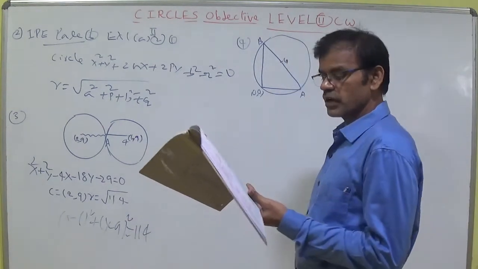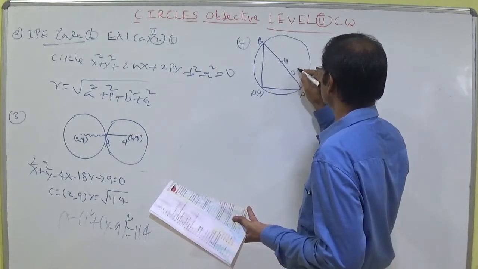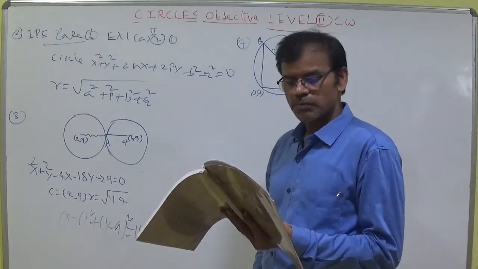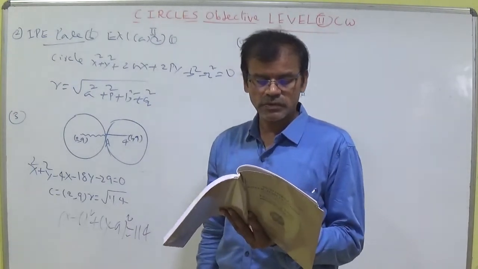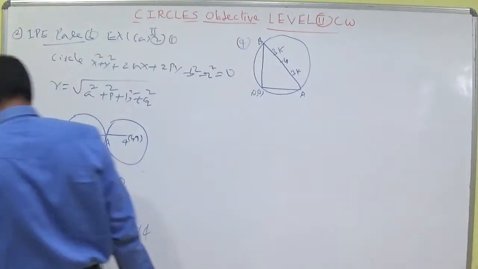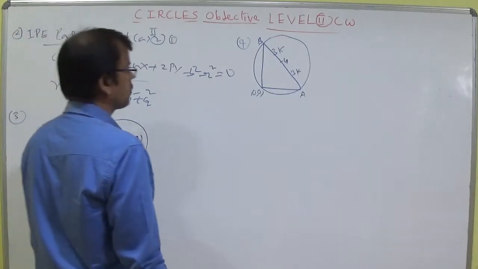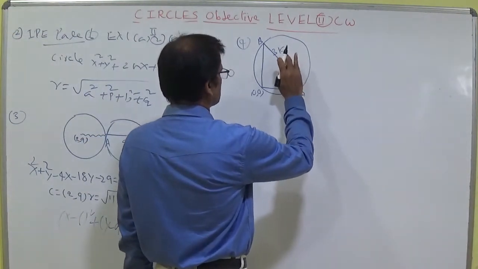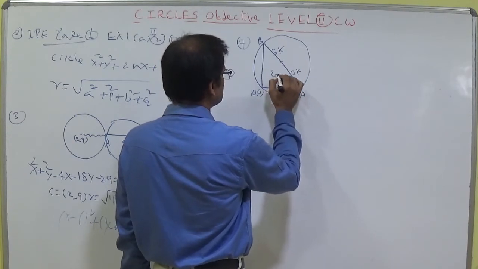A circle of constant radius 3k. So this is 3k and this is 3k. Passes through 0, 0, cuts the axis in A and B, the locus of the centroid of triangle OAB. Triangle OAB is the centroid. Maybe it is not the centroid, because the circumcenter is the midpoint of the hypotenuse. Put G here.